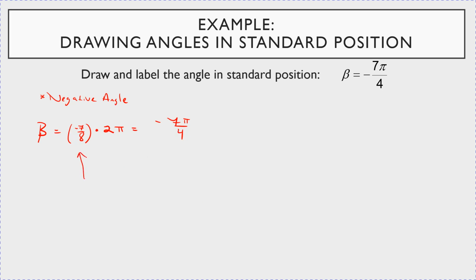So what this means is I'm negative 7/8 of a rotation. So again, you're going negative 7/8. So negative 7/8 goes like this. So that's my angle beta here.